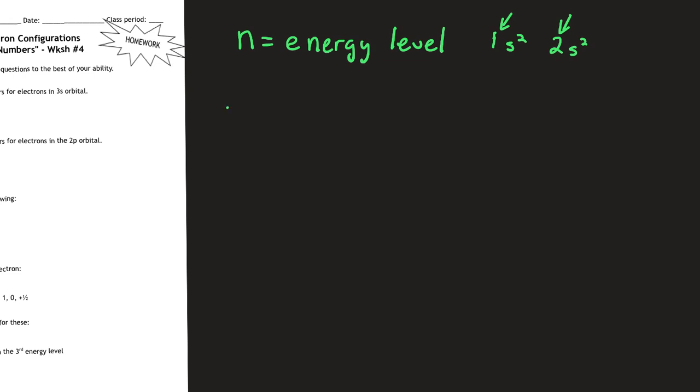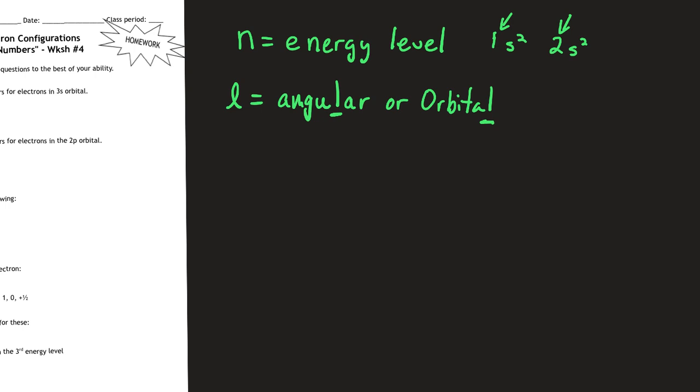Now let's talk about L. L stands for angular momentum, and I'm going to underline the L. Another way to think of this is that these are also called orbitals, and you could look at that L as meaning orbital.